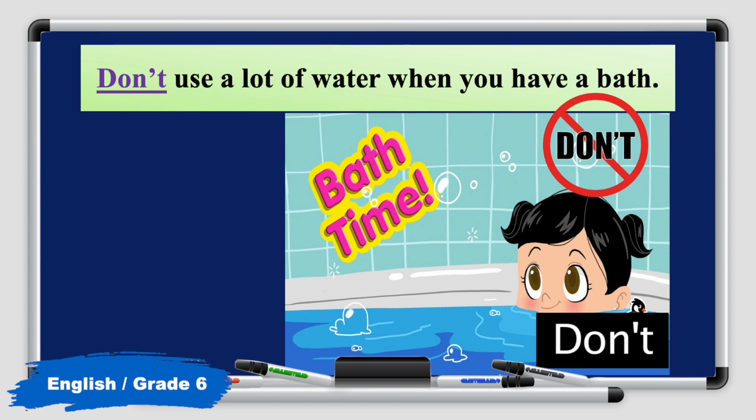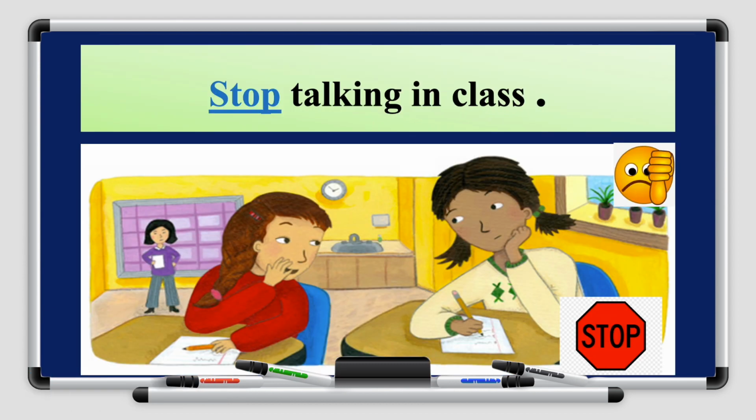Don't use a lot of water when you have a bath. Here we gave an order and we use don't. Don't use a lot of water. Stop talking in class. Here we also gave an order. So imperatives can be in an affirmative sentence or in a negative sentence.